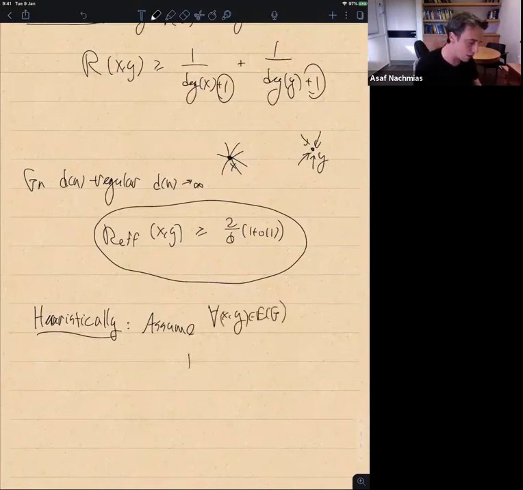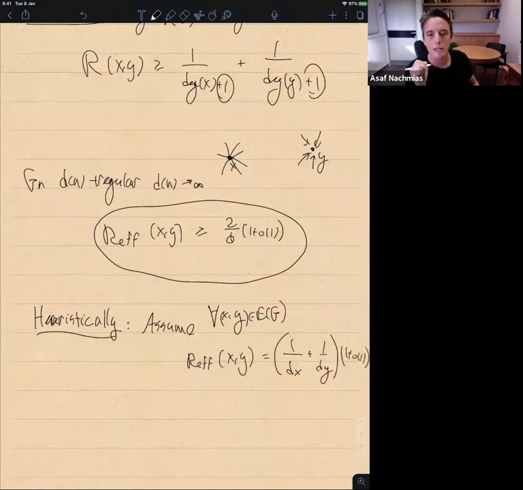Assume that for all edges, the effective resistance between x and y is really 1 over the degree of x plus 1 over the degree of y, times 1 plus little o of 1. Now, in this assumption, I'm particularly writing d_x and d_y, not just the degree d, because I will want to consider cases in which the graph is not regular, as you will see right now. But still, it will be the case that these degrees are high.